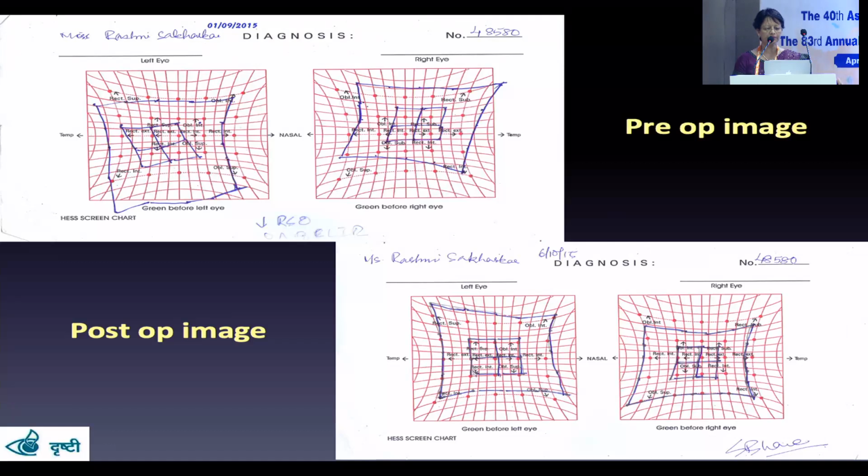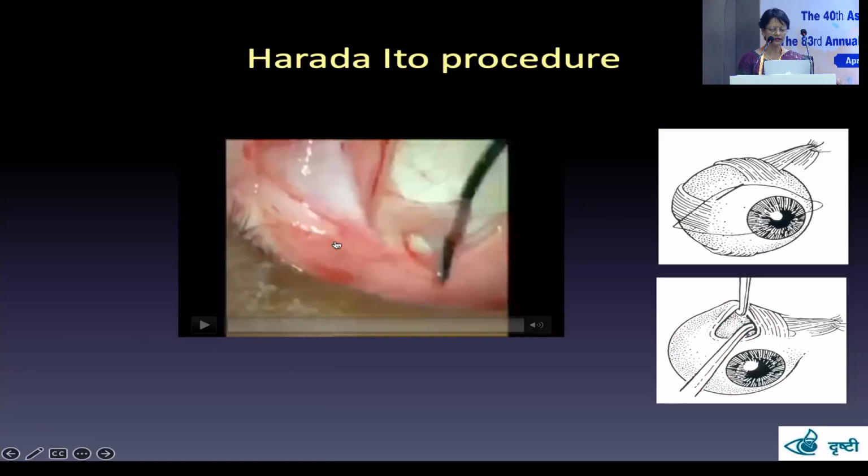These are the pre-op Hess charts, which show the excyclotorsion under action of the right superior oblique and other changes, which were corrected post-operatively. She was diplopia free after the surgery.